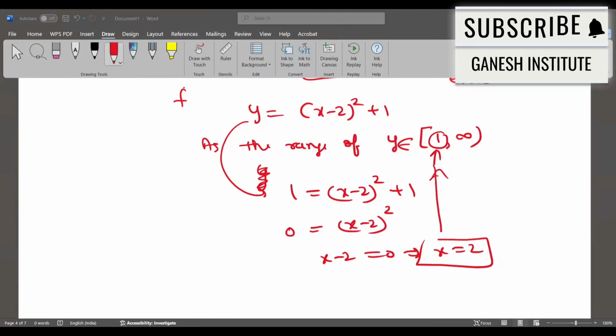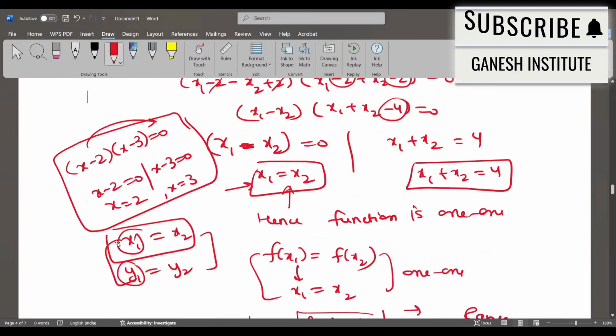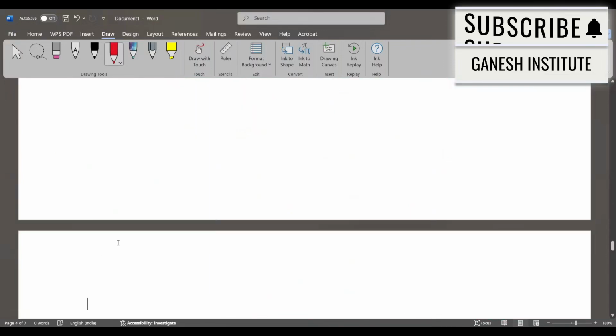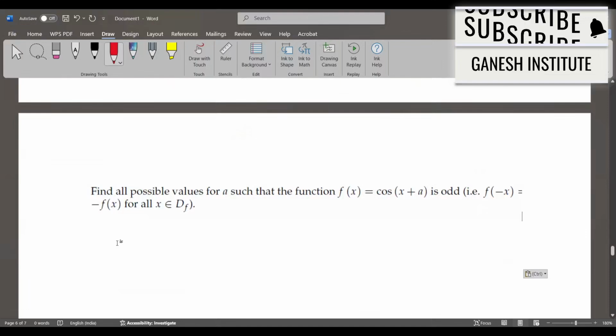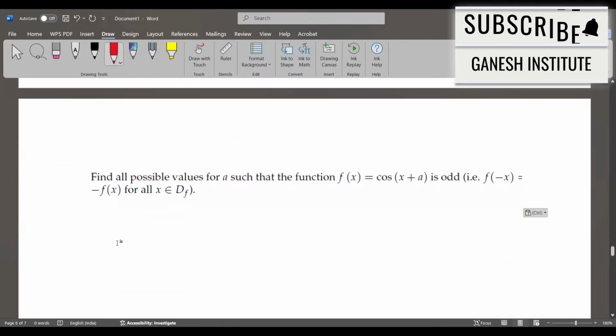For all possible values for a such that the function f(x) = cos x + a is odd. That is, f(-x) = -f(x).